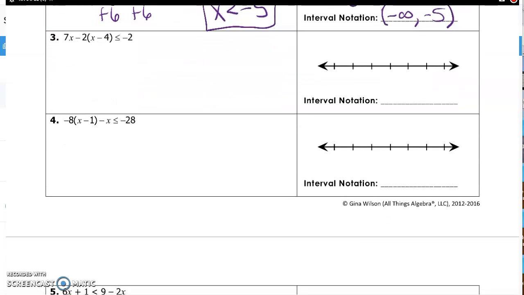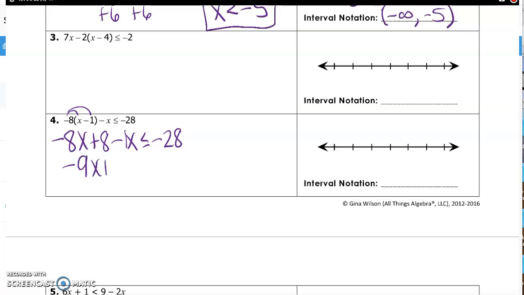Number 4, first we need to distribute negative 8. So negative 8x plus 8 minus x is less than or equal to negative 28. Combine our like terms. Some of you are also able to move the constant over at the same time. If you can, great.